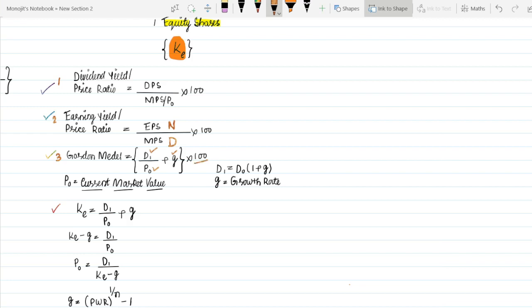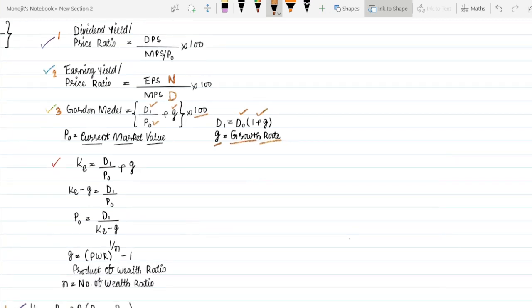Here D1 represents D0 into 1 plus g, and g means growth rate, and P0 means current market value.